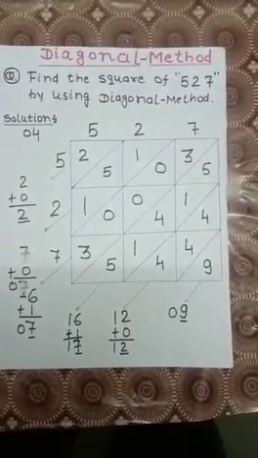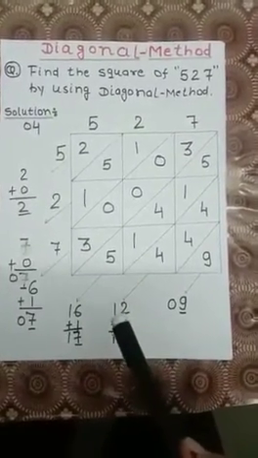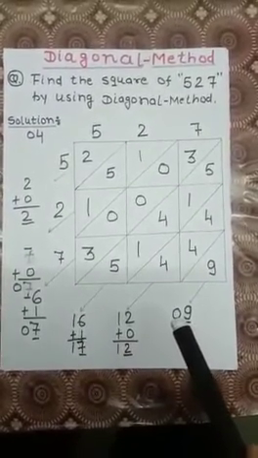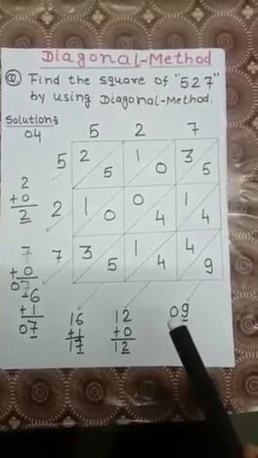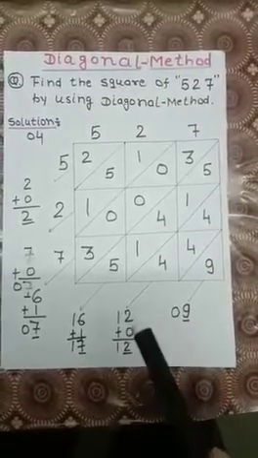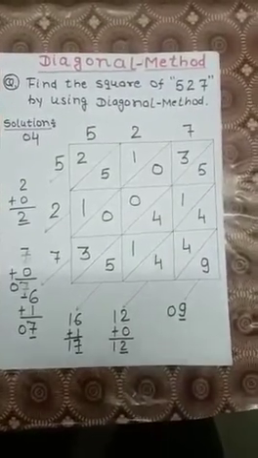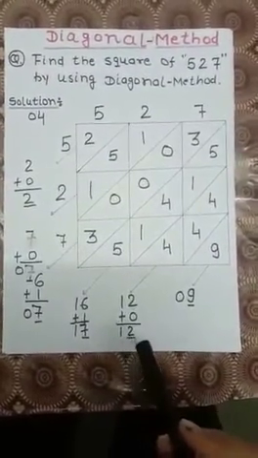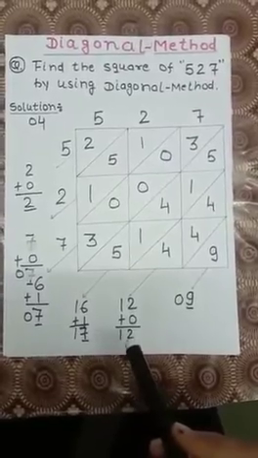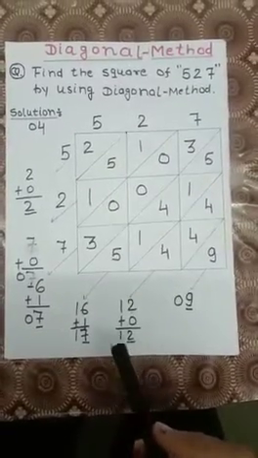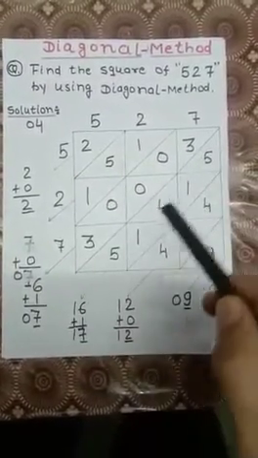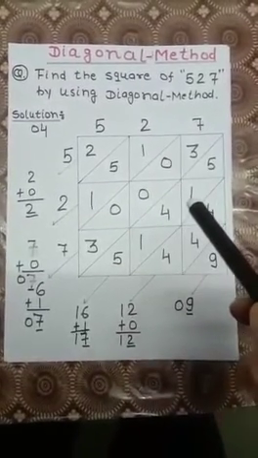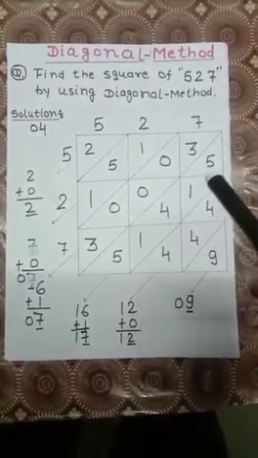Now what you have to do with this 12, you have to add the tens place digit of the previous sum, which is 0. 12 plus 0 is also 12. Now from 12 you have to also underline the ones place digit of 12, which is 2. Now what is the sum of the next diagonal? 5 plus 1 is 6, 6 plus 4 is 10, 10 plus 1 is 11, 11 plus 5 is 16.